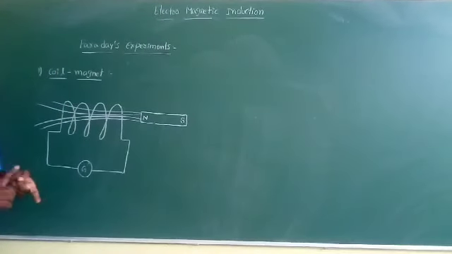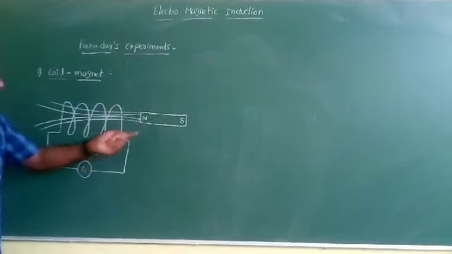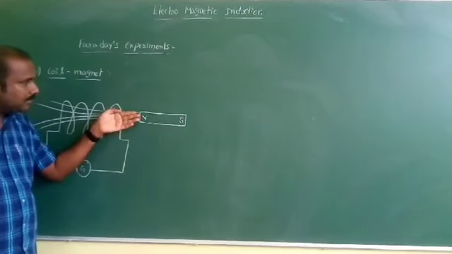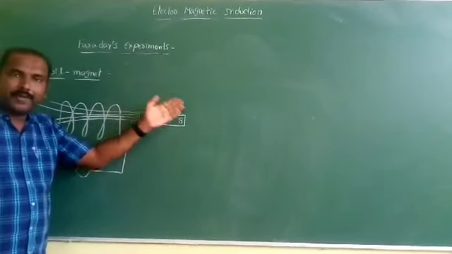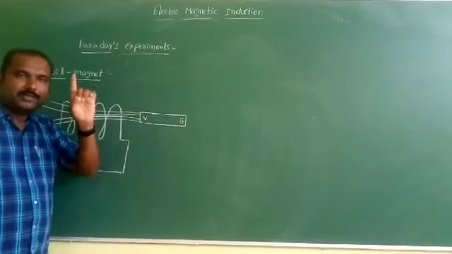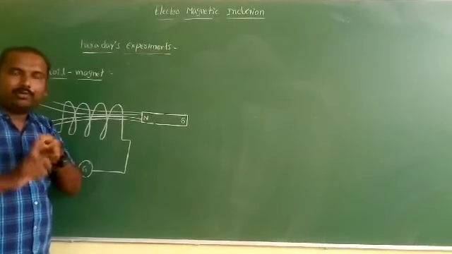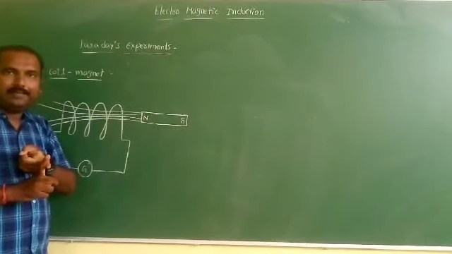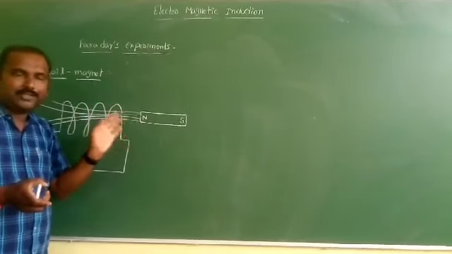So once again, all of you try to understand whether the magnet is moving towards or moving away. I already told you, this is the point. Again and again we have to repeat it continuously. Throughout the topic, only this point is important. What is the point?